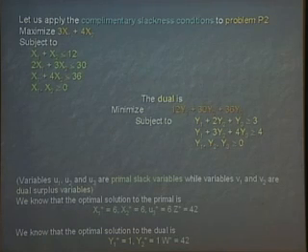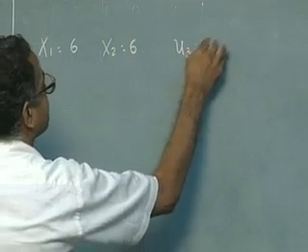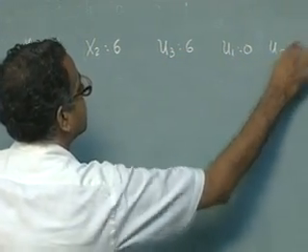Now if you look at it very carefully, if you apply the complementary slackness to this, you realize the x1, now let us go back to that solution, x1 equal to 6, x2 equal to 6, u3 equal to 6, u1 equal to 0, u2 equal to 0.